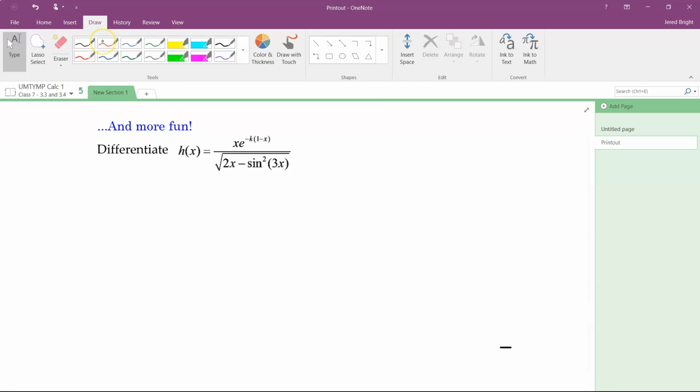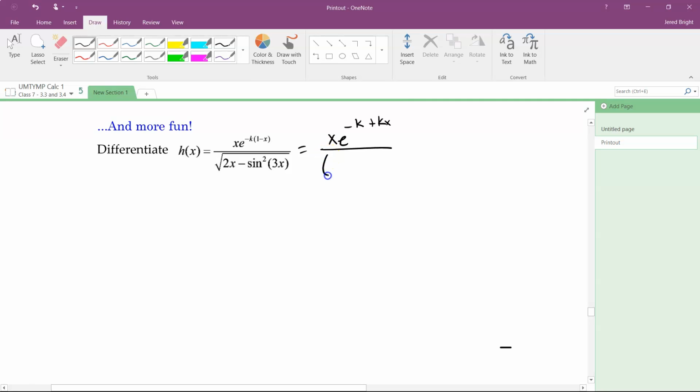Okay, so this looks like a hot mess, and truthfully, it is kind of a hot mess. But I think it might be easier if we simplify this maybe just a smidge. And so if we write this numerator instead as x e to the minus k plus kx, that might make our life a little easier.